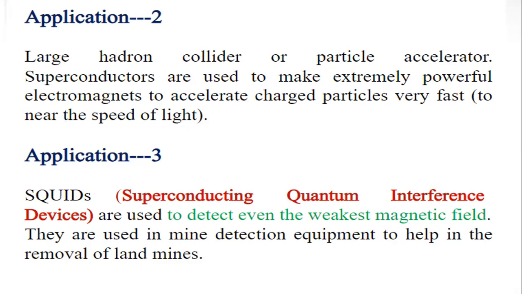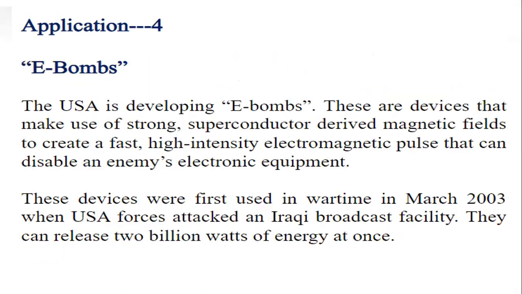And superconducting quantum interference devices can be used to detect the weakest magnetic fields, which will be used for mine detection equipment, so for removal of landmines. So when we talk about detection equipment, superconducting quantum interference devices are used to detect landmines from the enemy.